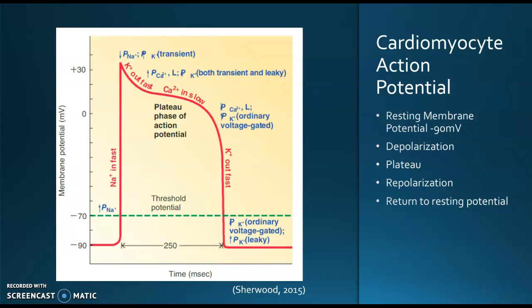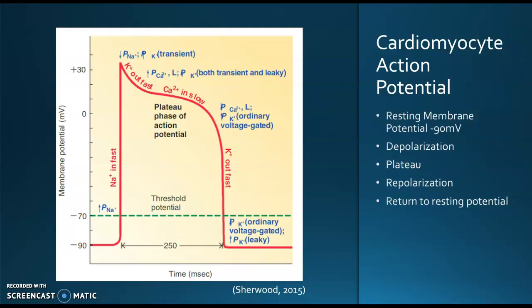I mentioned the potassium leaky channels, so that's one significant potassium channel that we have. We also have transient, and then we have our ordinary voltage-gated potassium channels, and we'll talk about what each of those do moving forward here in a little bit.